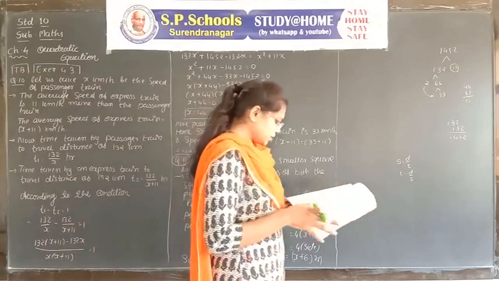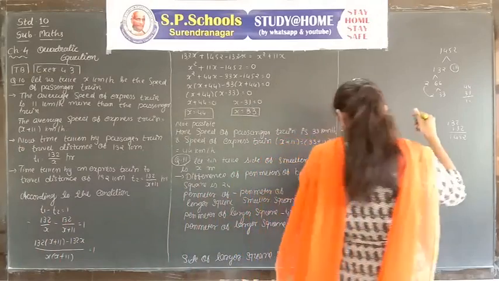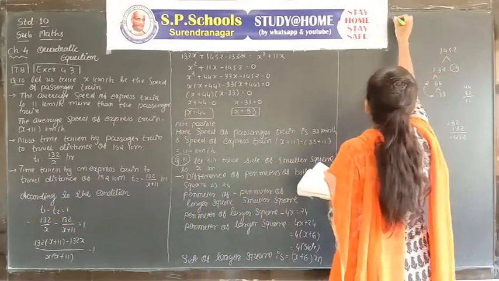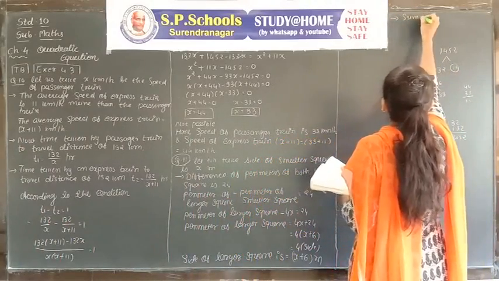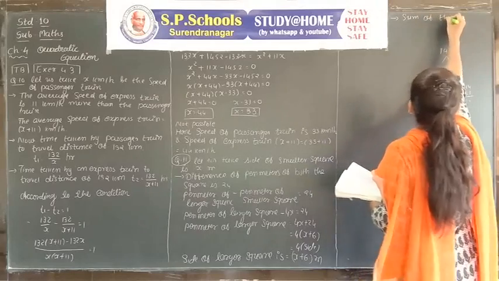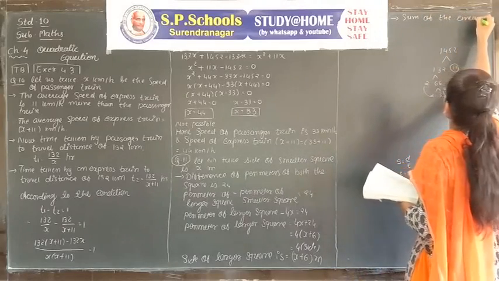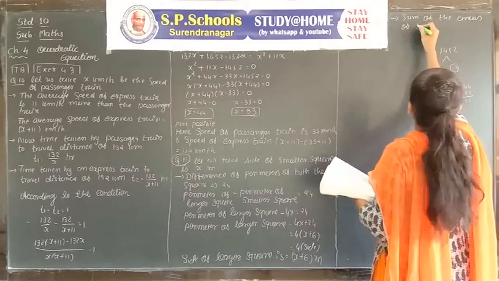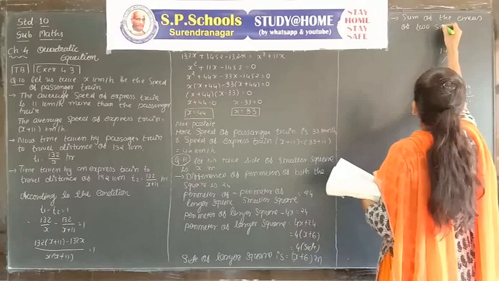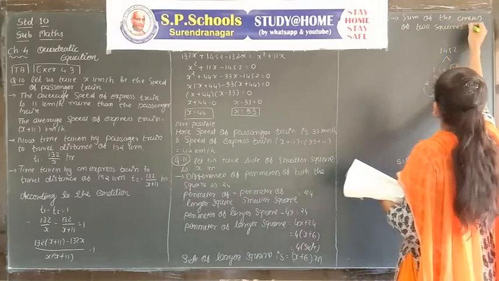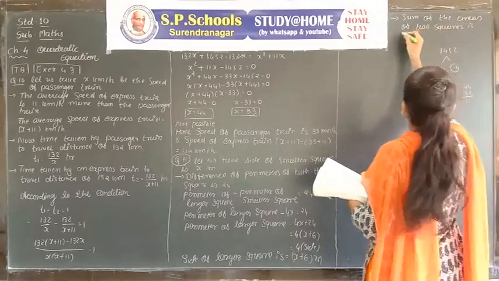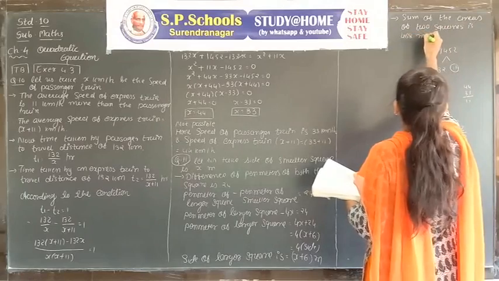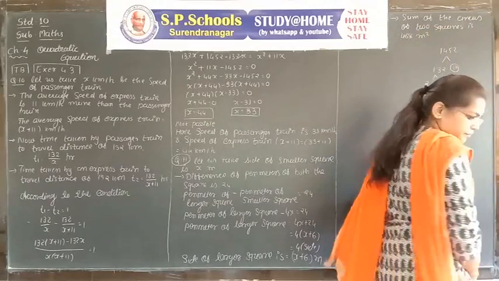Now the first condition is the sum of the areas of two squares is 468 meter square.